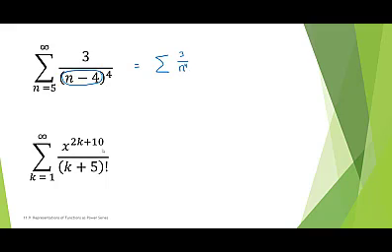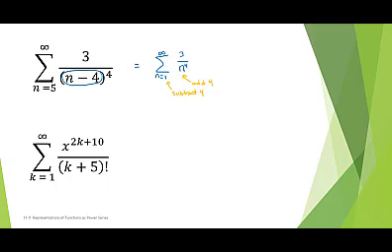The point here is that I've taken n minus 4 and changed it into n. And so in effect, I've added 4 everywhere I see an n in the expression for my term. That means that when I'm deciding which term to start with, I need to subtract 4 from the starting index. So instead of n starting at 5, n will start at 1 and go up to infinity.